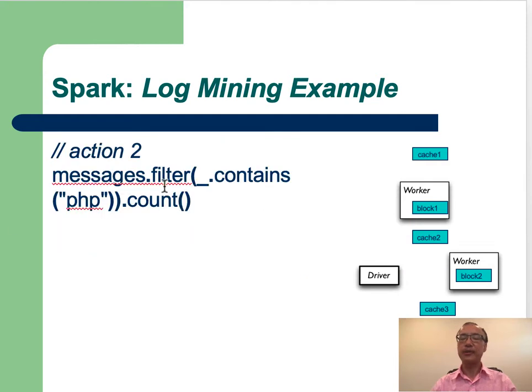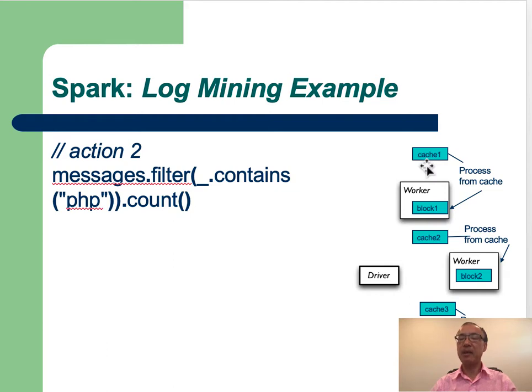Now we try to do the second action. We try to count how many lines in the error messages are from PHP. Now we do the same things, but this time it will be different, because previously we had to load the HDFS file into the workspace and then get the errors RDD and then get the messages RDD.